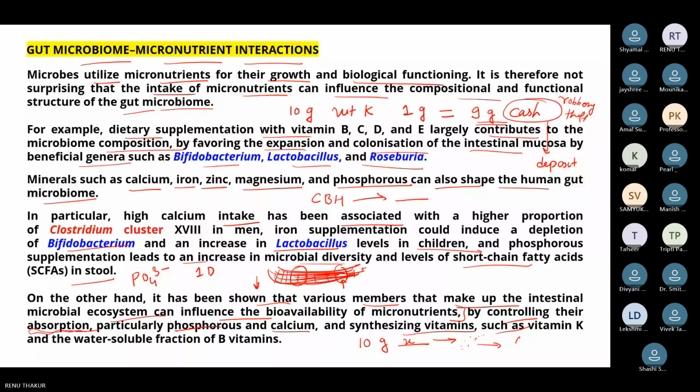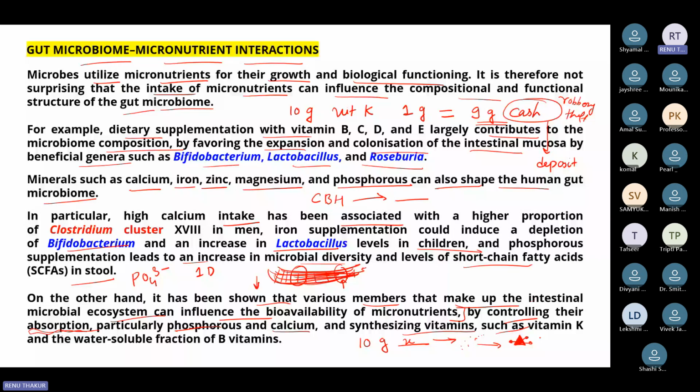But immediately after its synthesis, our body modifies its outer surface. They may add some functional group to its external surface, so that it will not be recognized by the microorganism, and the microorganism will not consume it. So it will not consume the 1 gram, and the total 10 gram will be available to you.